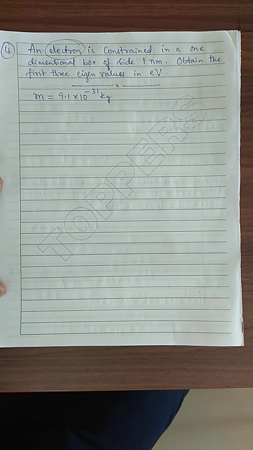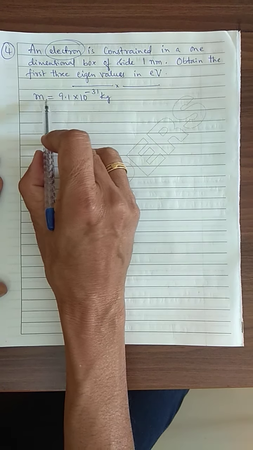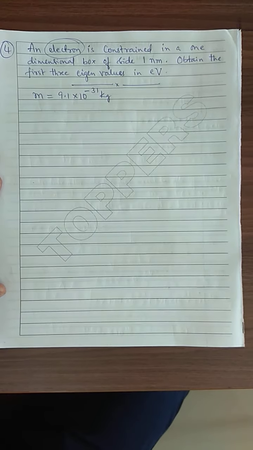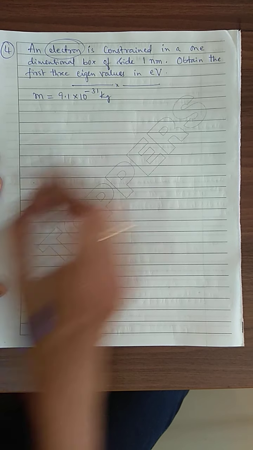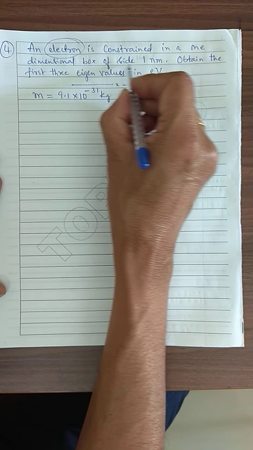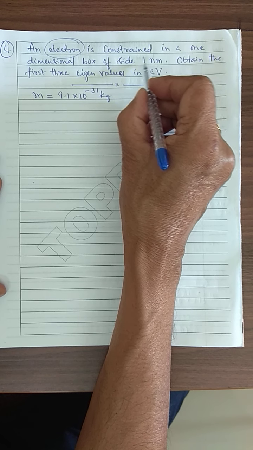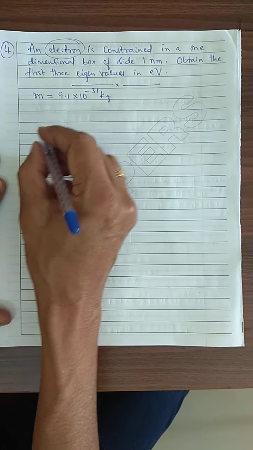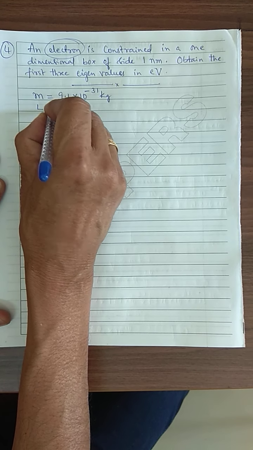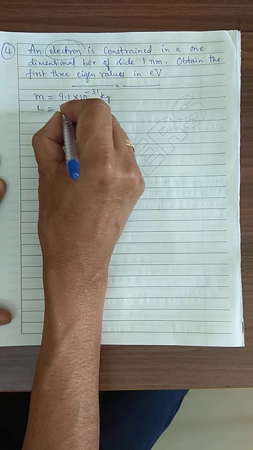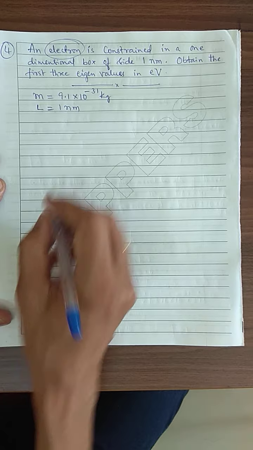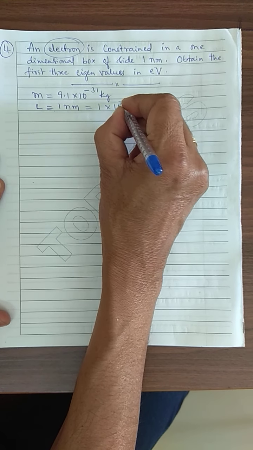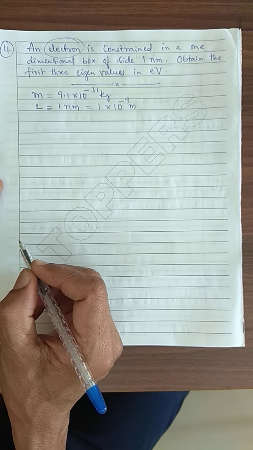The box side length is equal to how much? 1 nanometer. Therefore, L is equal to 1 nanometer. Nano means 10 to the power minus 9 meter.